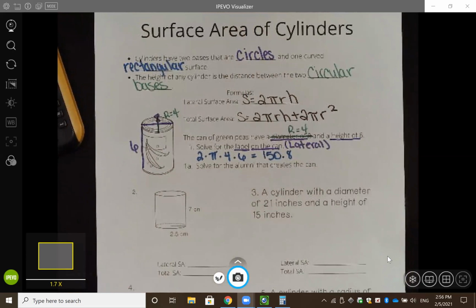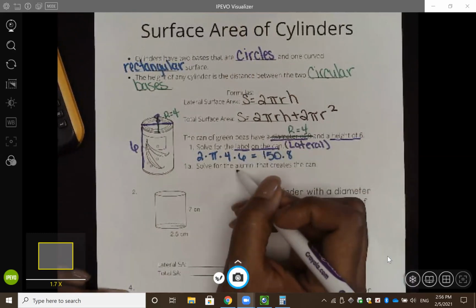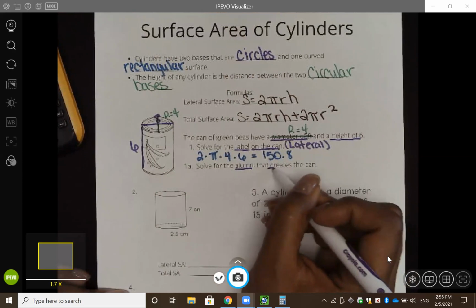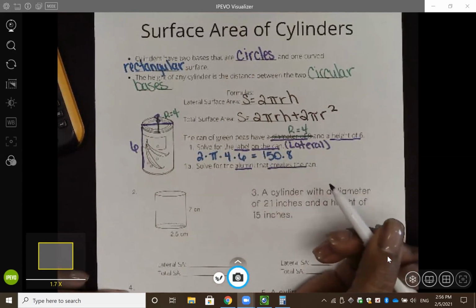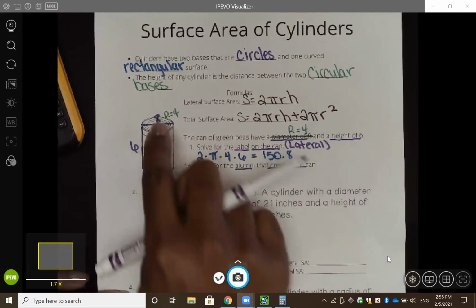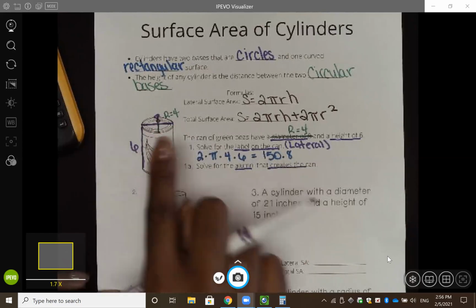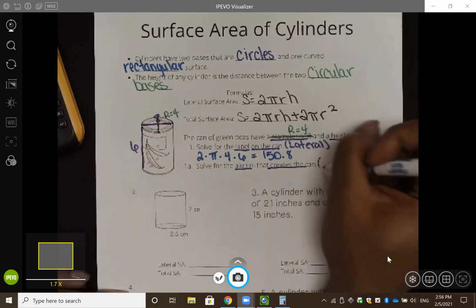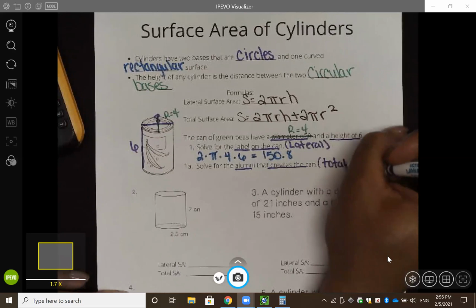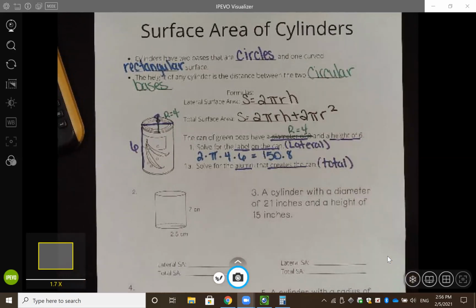The next part of this question says solve for the aluminum that creates the can. If you pay attention to the aluminum, that's on the top, the bottom, and all around the side. So therefore, we are solving for total surface area.